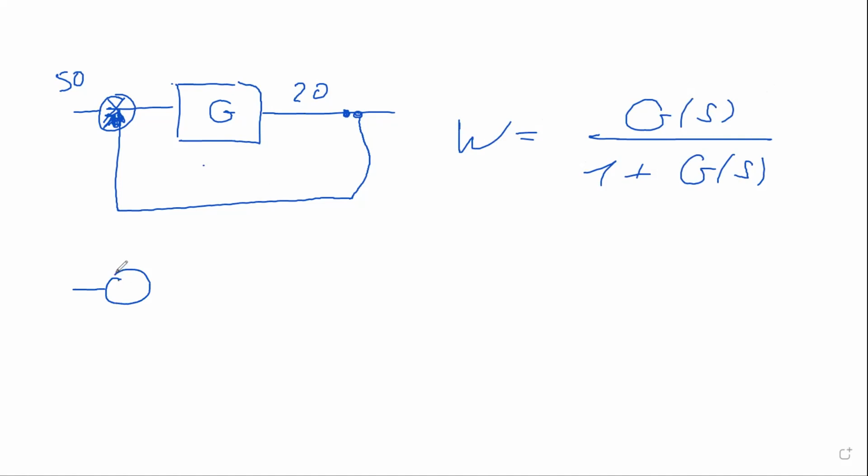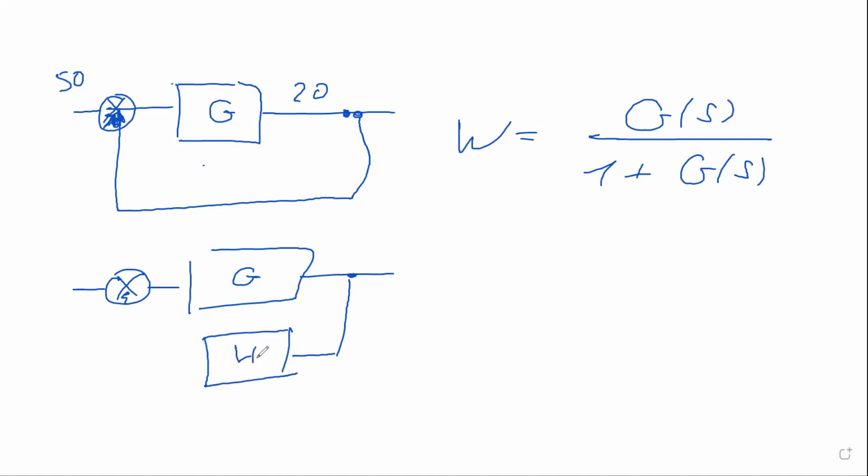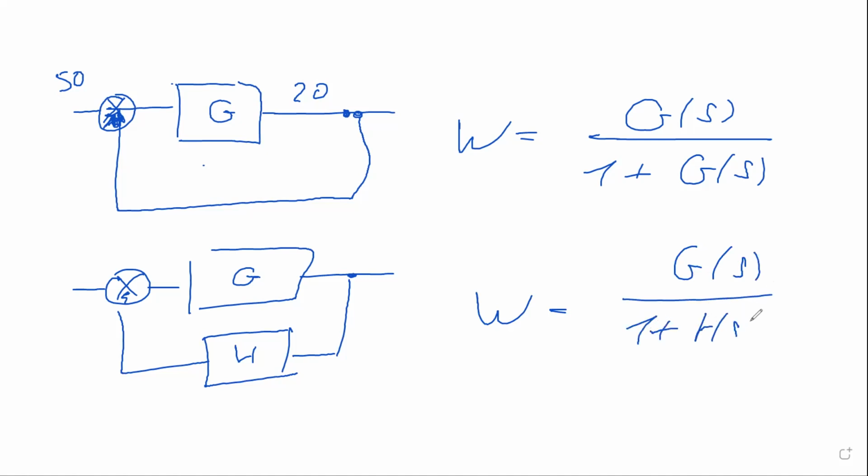And if we had a controller here downstairs, if I had a controller here, the controller was H, the transfer function would have been G(s) over 1 plus H(s)G(s). Remember, it's all scalars, so they are permutable.